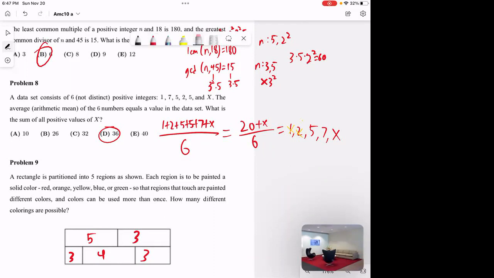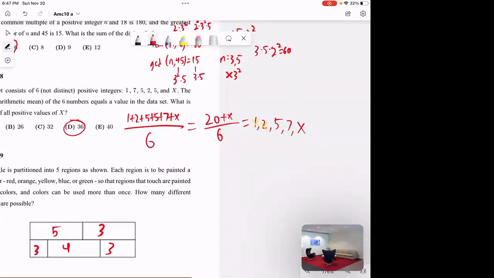And we can cross out 1 and 2, because when we multiply 1 by 6 and 2 by 6, we get 6 and 12. And we subtract 20 from this, which gives us a negative number, right? So x would be a negative number there. And we know that x can't be negative, because the conditions stated that it's a positive integer.